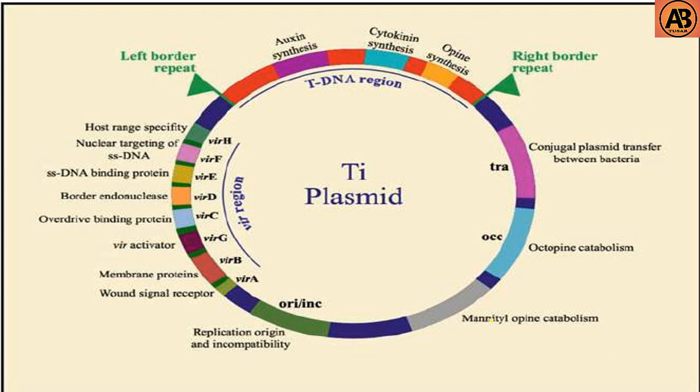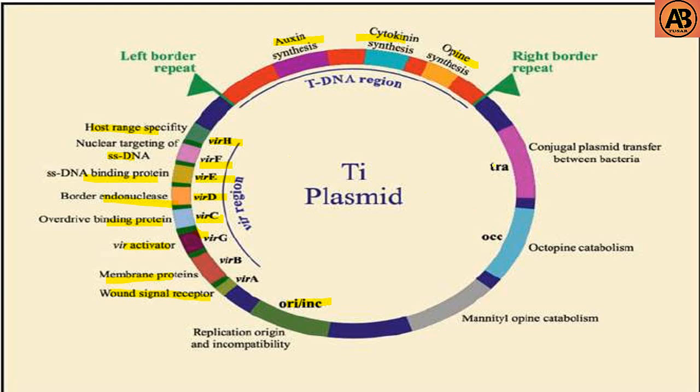Then here you can see the Ti plasmid, which contains origin, then the T-DNA region, which is auxin, cytokinin, opine. Then this is the vir region: VirA, wound signal receptor; VirB, membrane proteins; VirG, vir activator; VirC, binding protein; VirD, endonuclease; then VirE, DNA binding protein, single stranded binding DNA; VirF, nuclear targeting of ssDNA; VirH, host range specificity.